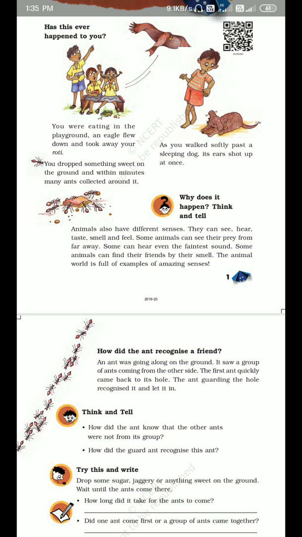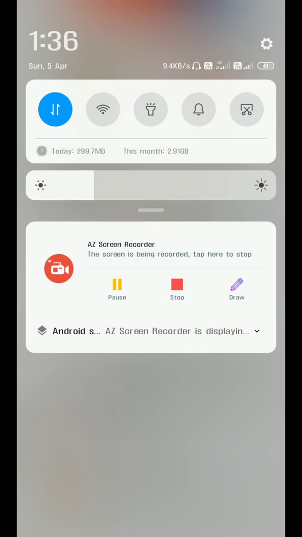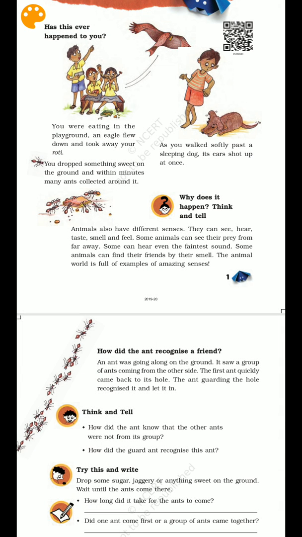in your book there are some examples also given related to some kinds of animals. Whatever we have discussed till now is about the human sense organs. Now when we start to discuss the sense organs of animals, different kinds of animals have different or special kinds of sense organs.